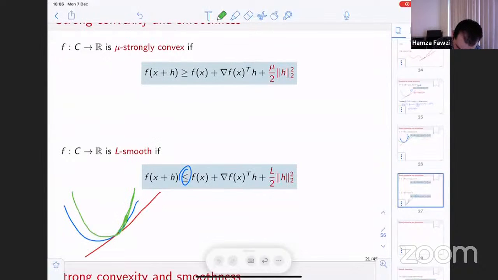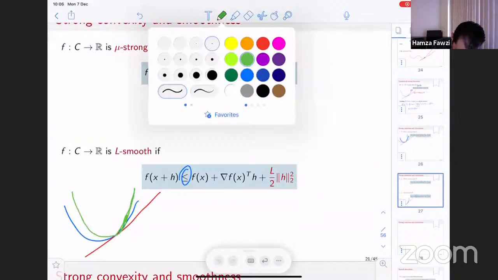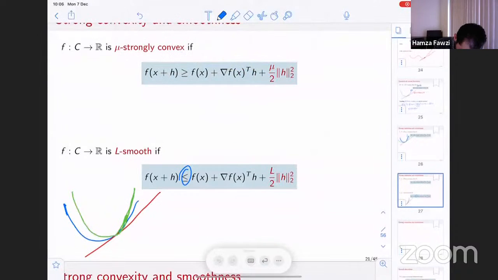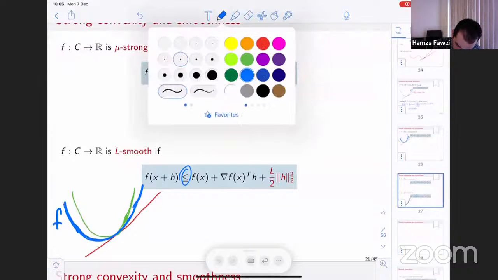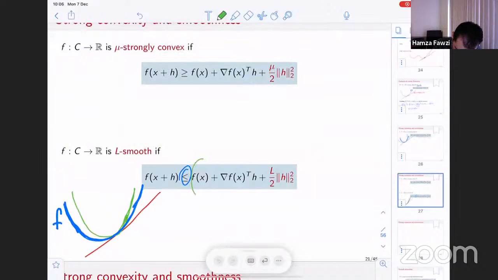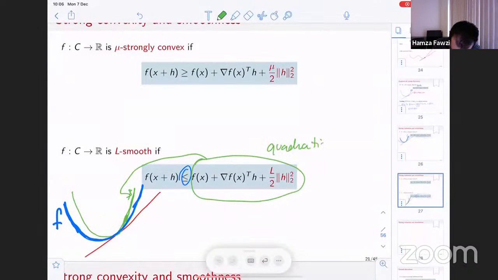This is a quadratic upper bound. So this is my function f, and what is in green here is a quadratic upper bound on f.